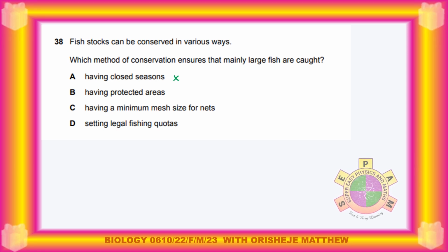Having a closed season? No. Having a protected area? No. Having a minimum mesh size of net for the cropping of the fish? Yes. Setting a legal fishing quota? No. So the correct answer is C.